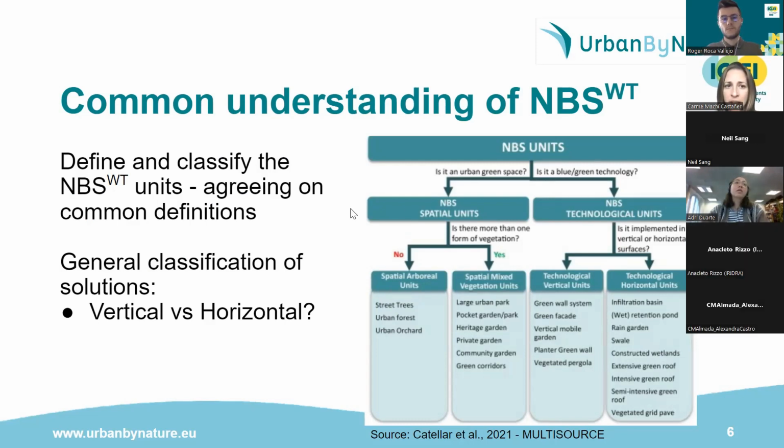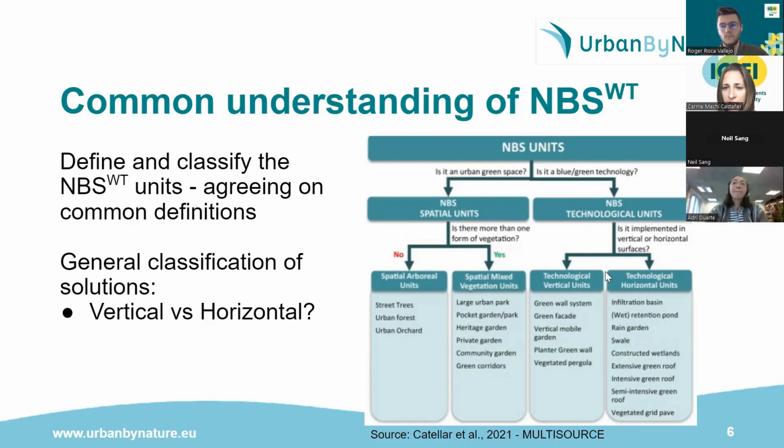But first of all, we need to agree on a common understanding and definitions of these NBS solutions. If we look at the technological units itself, we could agree on classifying them between vertical and horizontal units. Horizontal units will be those that are implemented on horizontal surfaces, whereas the vertical ones are implemented on vertical surfaces.